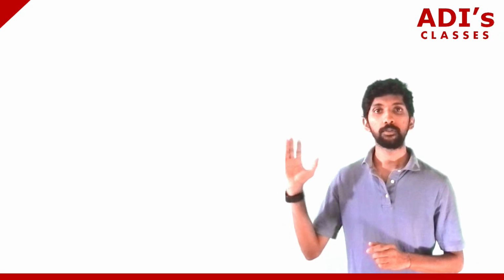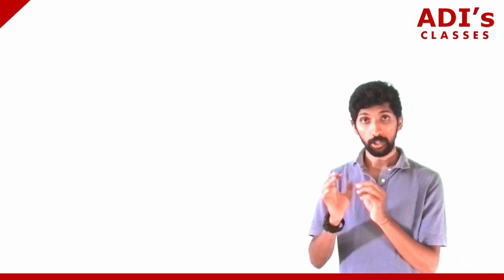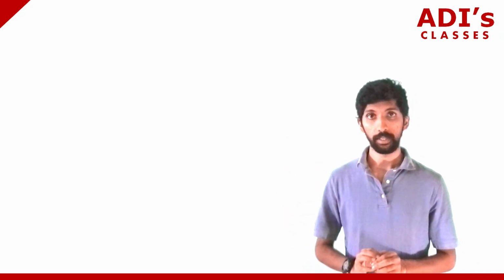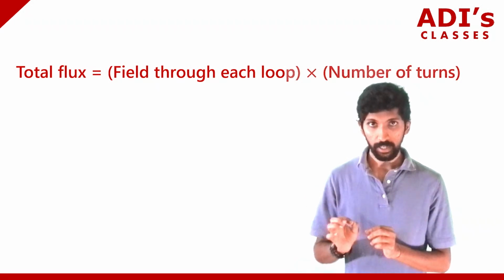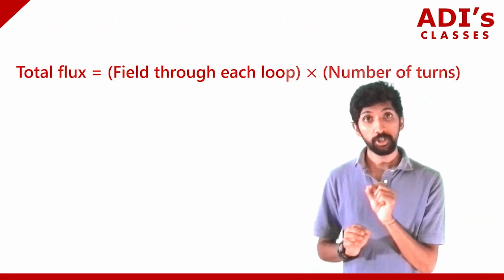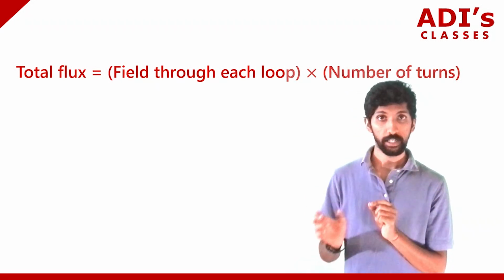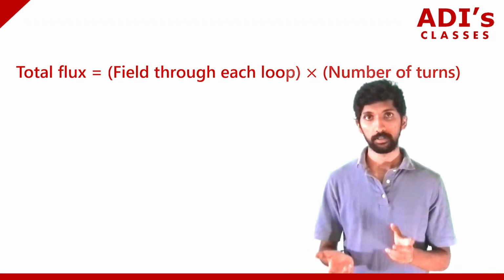So we have N number of loops like that. That means the total flux will be the magnetic flux passing through each loop, into the total number of turns.